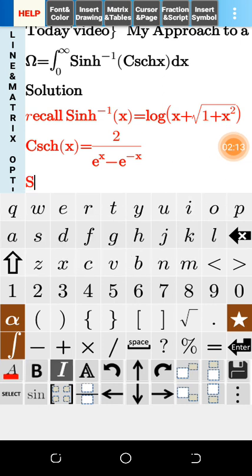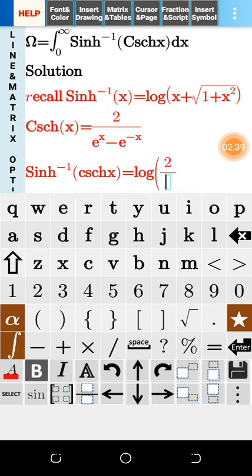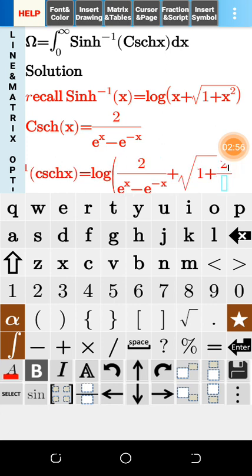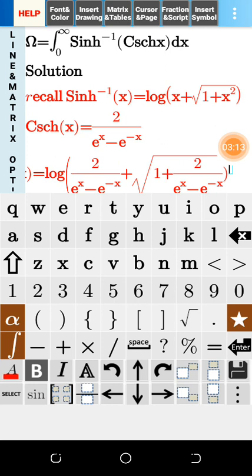So our arcsinh of csch x will now be equal to log of 2 over e raised to the power of x minus e raised to the power of minus x, plus root of 1 plus 2 over e raised to the power of x minus e raised to the power of minus x, everything squared. Don't forget that. Squared.